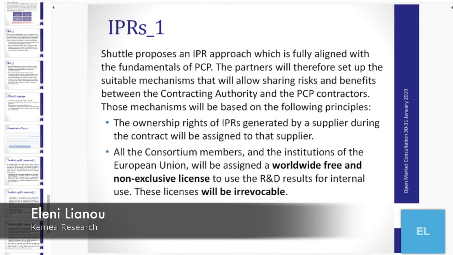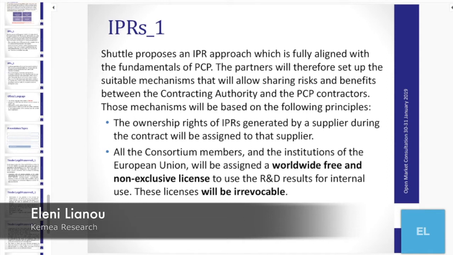As the Shuttle Consortium has already decided, Shuttle proposes an IPR approach which is fully aligned, of course, with the fundamental principles of the PCP. The partners will therefore set up the suitable mechanism that will allow sharing risk and benefits between the contracting authority and the PCP contractors. Those mechanisms will be based on the following principles.